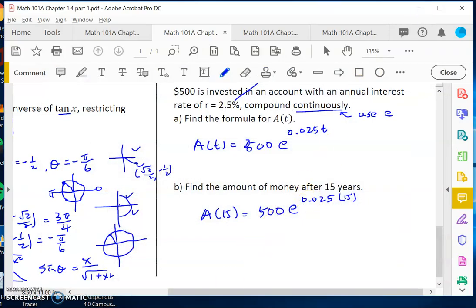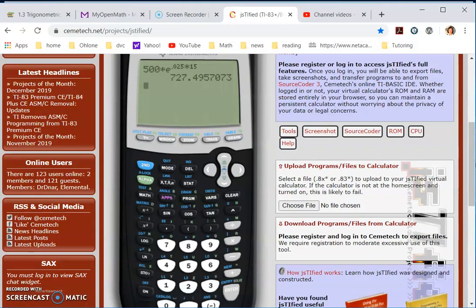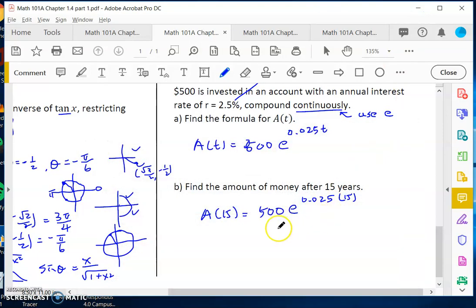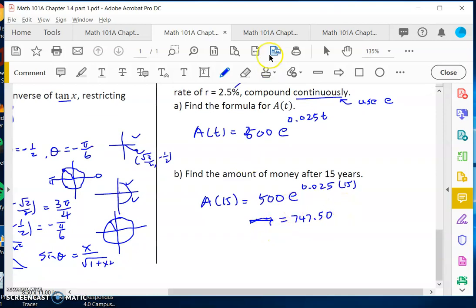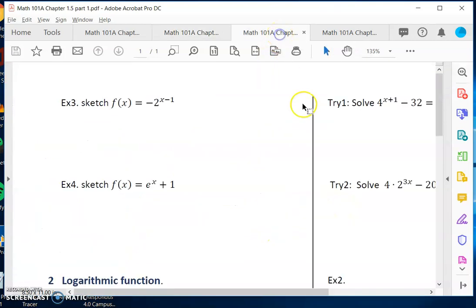What was it? I forgot. 727.50. So you would say it is equal to 727.50. Okay, so that's how you do a growth function.